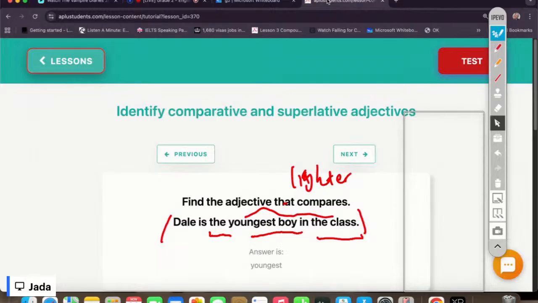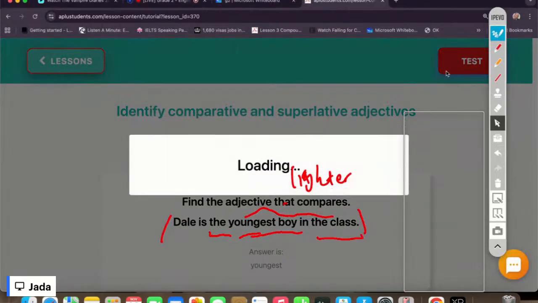All right. So we have youngest here. So Dil is the youngest boy in the class. So youngest is the adjective.